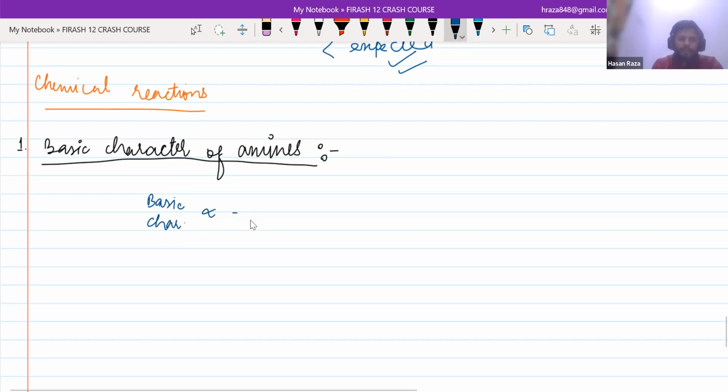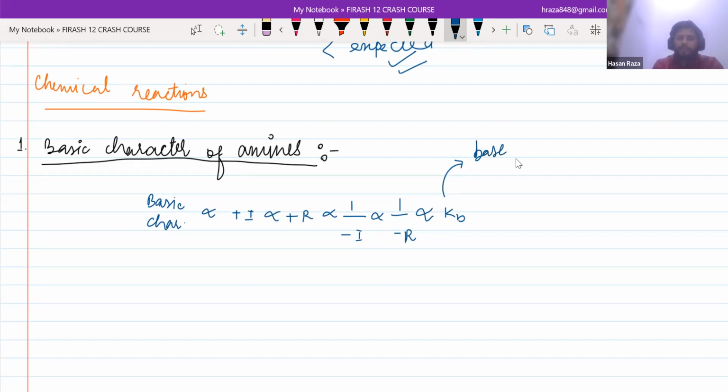is directly proportional to plus I, directly proportional to plus R, inversely proportional to minus I, inversely proportional to minus R, as well as we can write directly proportional to Kb. This is base dissociation constant. If the value of base dissociation constant of a base is very high, then it is more basic.